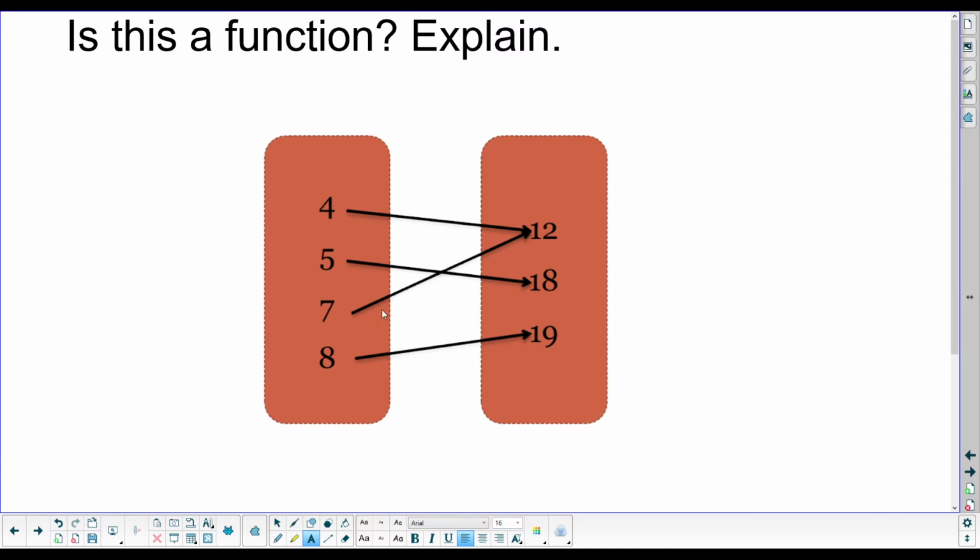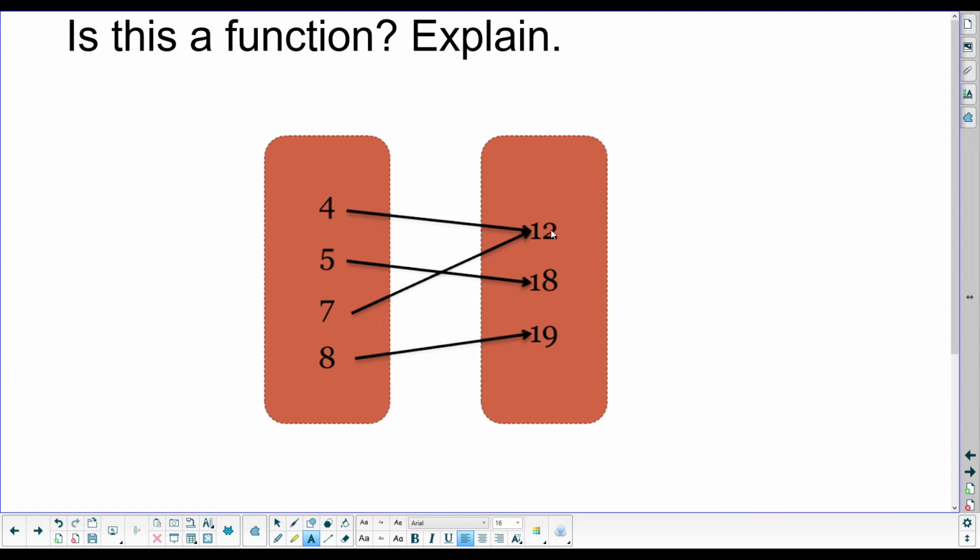Now, you may be thinking, well, what about this? We have 2 numbers that go to 12. If we look at our definition of a function, it doesn't say anything about the range going to only one domain. It only says the domain goes to one range. So we're only looking at this relationship going from the domain to the range.